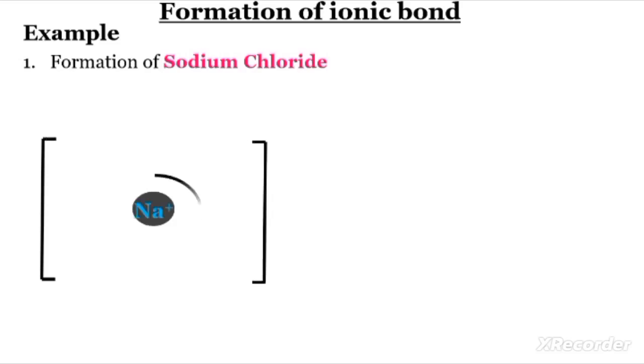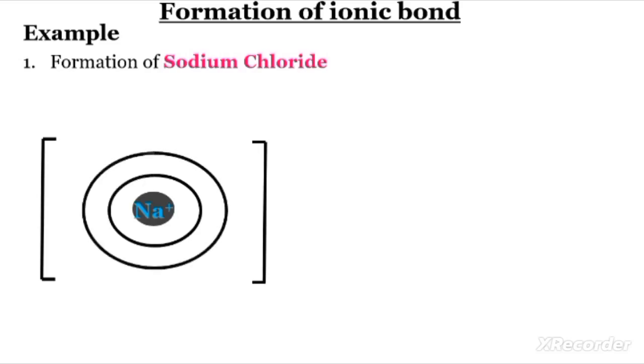We have sodium, and after losing 1 electron, sodium is now surrounded by 2 shells, and it has 8 electrons in the outermost shell.